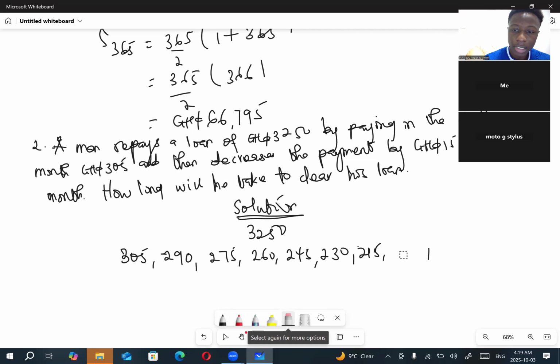Subtract 200 from it. 305 plus 290 plus 275 plus 260 plus 245 plus 230 plus 215. 4,765. No, how are you doing the addition? What I've added so far is even 1820.